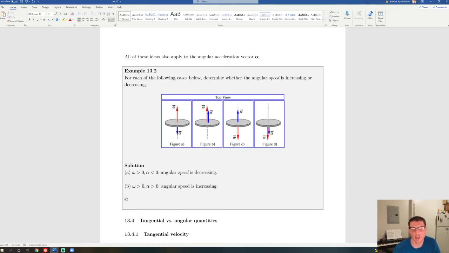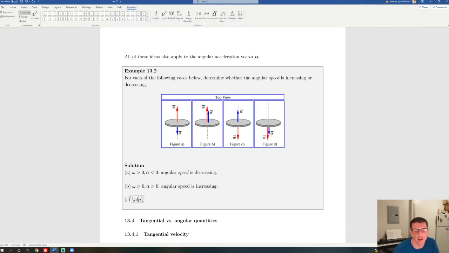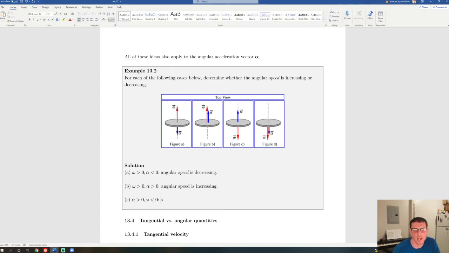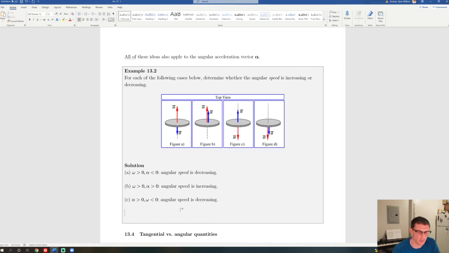For C, it's just kind of the opposite of the A case, right? Now we have that alpha is positive and omega is negative. And again here, the angular speed is decreasing. Finally, you probably see this at this point, but now they're pointing in the same direction, right?